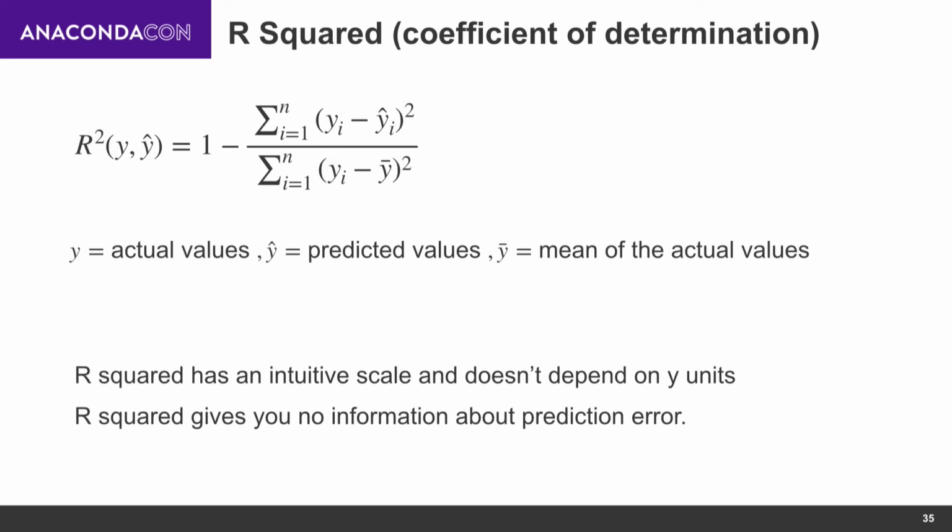This actually stems from the formula. In the numerator here we have the sum of squared residuals, so the difference between the actual and the predicted value. And in the denominator, we have the squared distance between the actual values and the mean.